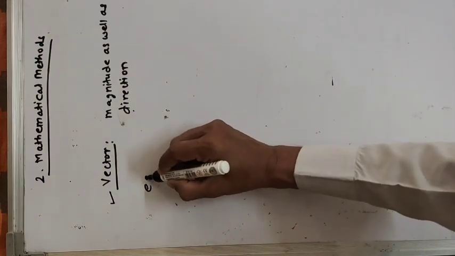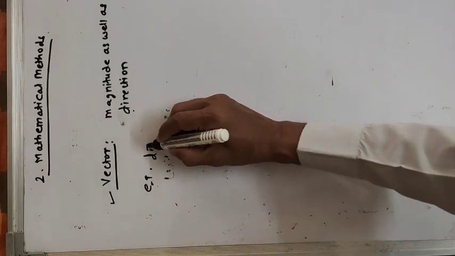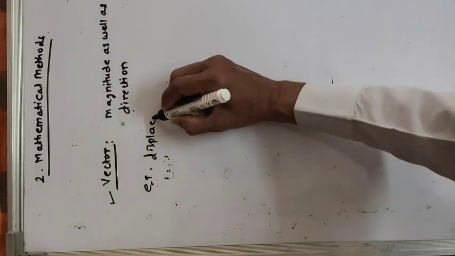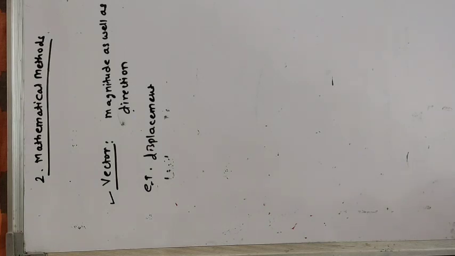Now we think about examples of vectors. In the previous example we saw that displacement is a vector quantity because it needs magnitude and direction for its complete idea.